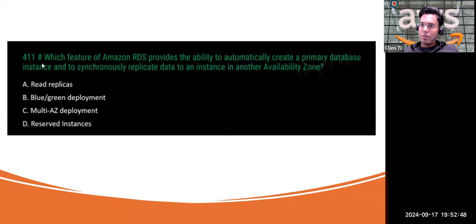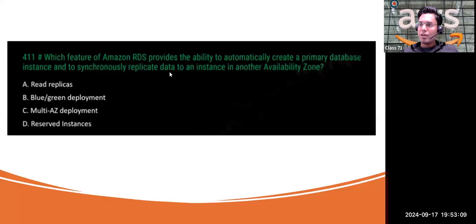Now, next question, which feature of Amazon RDS relational database provides the ability to automatically create a primary database instance and to asynchronously replicate data into another availability zone? Okay, read replica, just read it.